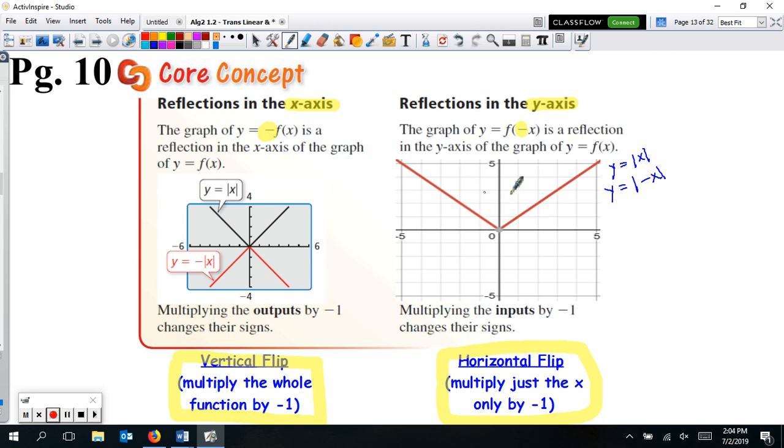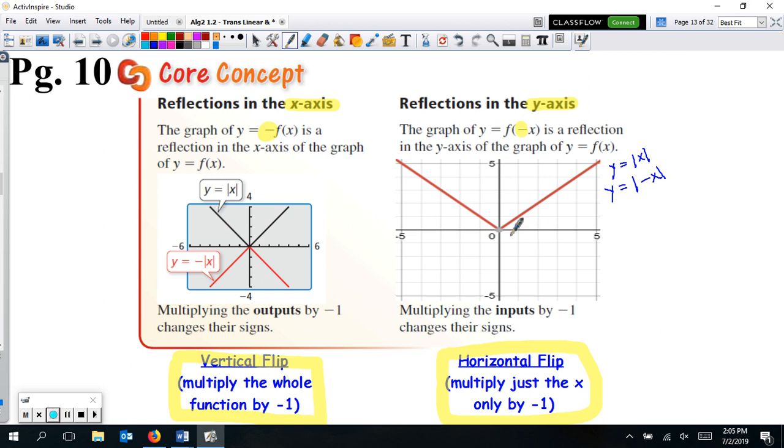They're not different. You're flipping it over the y-axis here, but when you flip it, it just flips right on top of itself. So it doesn't really change anything about the graph. In fact, we know that the absolute value of -x is x. They're both x, and that's why it ends up being that.